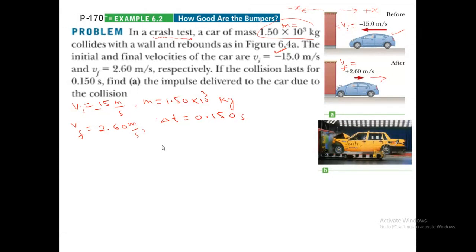Actually, in chapter 4 we studied what happens when forces are acting on some object. In this chapter 6, of course, forces are acting on the objects, but the important thing is, what is the time of contact? For how long is the force applied on one object? So time is very important also.